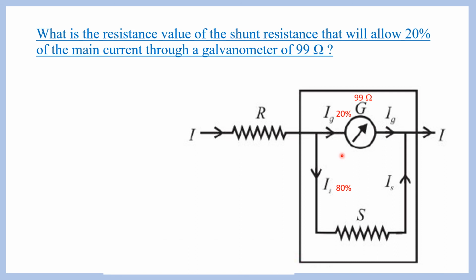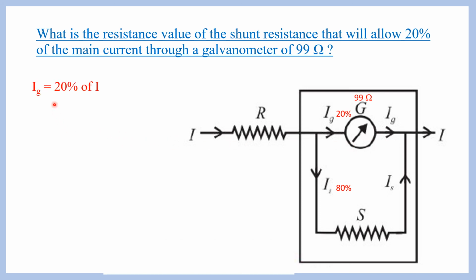Like in the beginning we have seen, when we are connecting a shunt resistance, why are we connecting it? In order to protect the instrument from damage. So most of the current should pass through the shunt. Shunt is providing an easy path for the main current to flow through, and that way the current carrying capacity is increased.